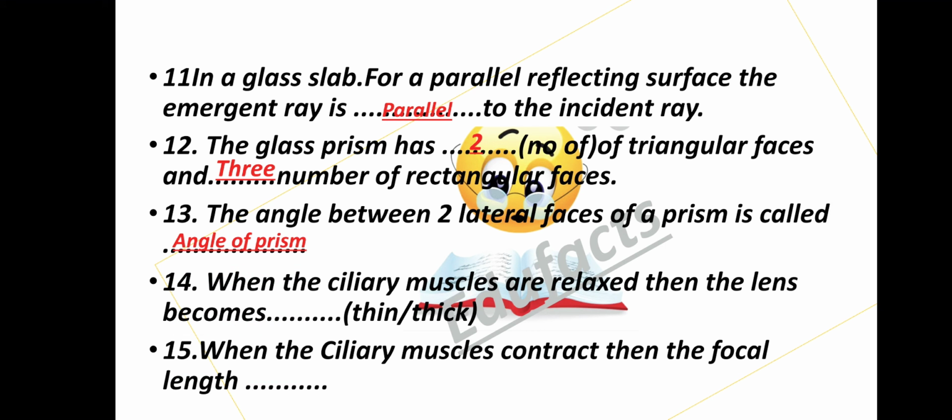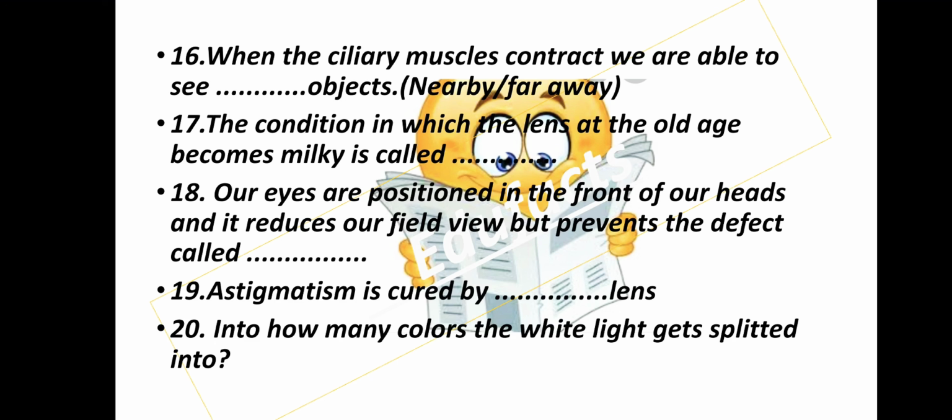Question number 14. When the ciliary muscles are relaxed, then the lens becomes thin. When the ciliary muscle contracts, then the focal length decreases. Question number 16. When the ciliary muscle contracts, we are able to see dash objects. Which objects? Nearby objects.